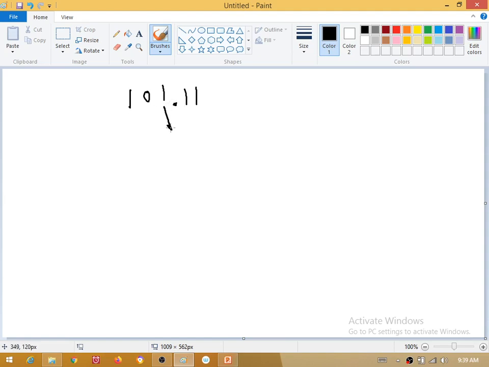Obviously this is corresponding to 2 raised to 0, which is a 1. I don't have anything here. This obviously corresponds to a 4, which is 2 raised to 2. This obviously corresponds to 0.5. This obviously corresponds to 0.25. So the total over here is going to be 5.75.